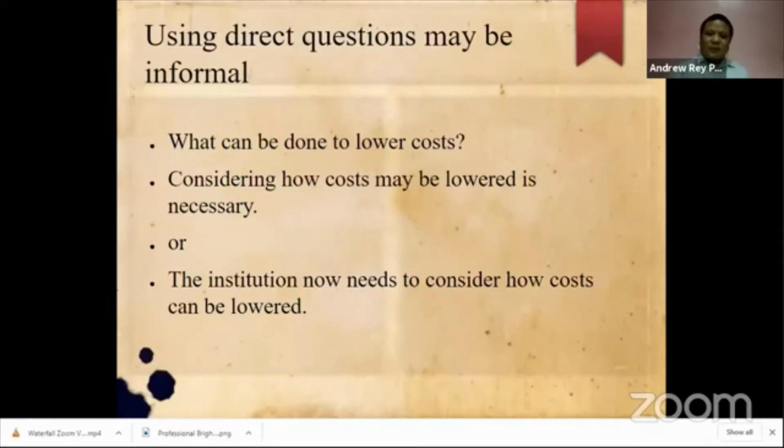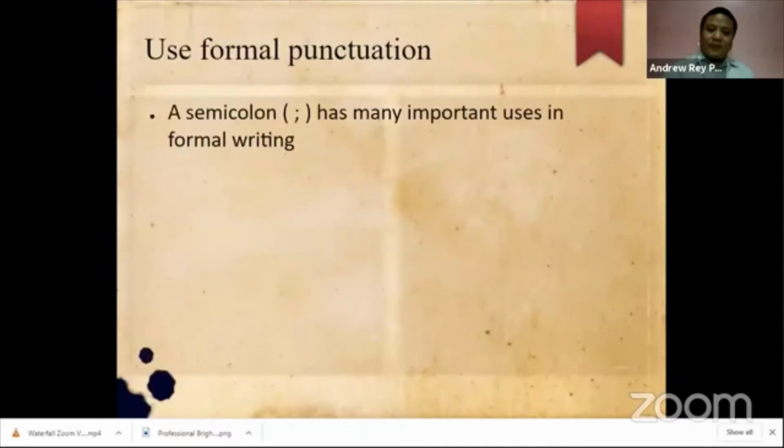Okay, so using direct questions can be informal. It's like you're talking. Okay, when you write, you should sound more formal. So you replace direct questions with declaratives.